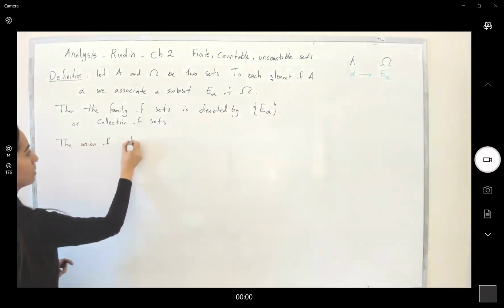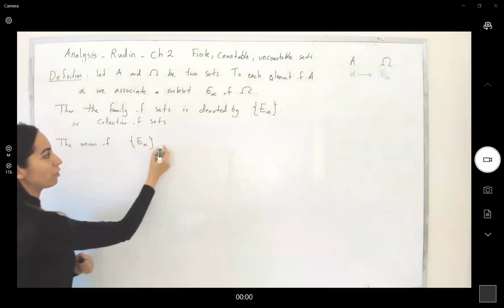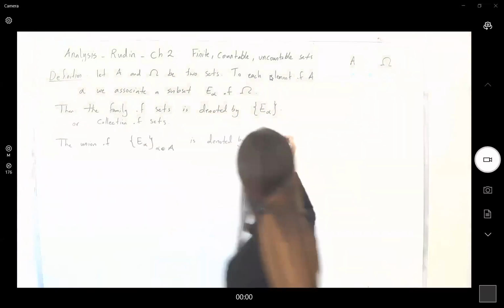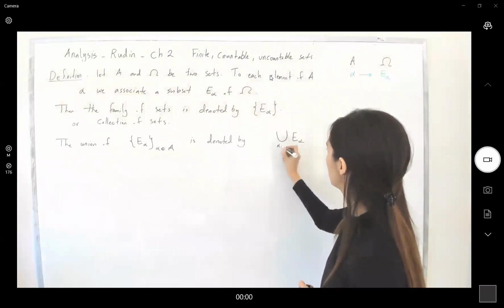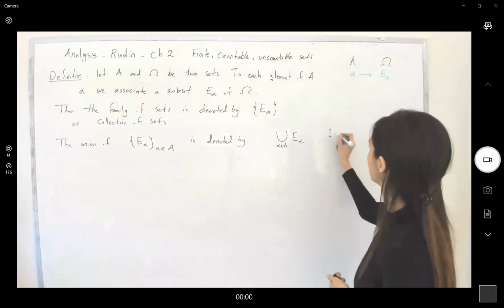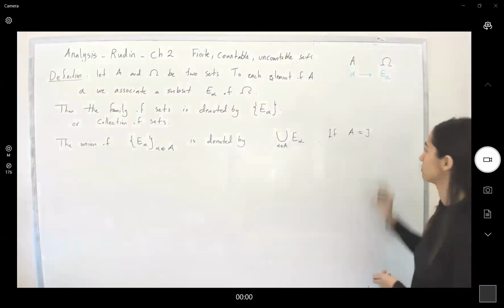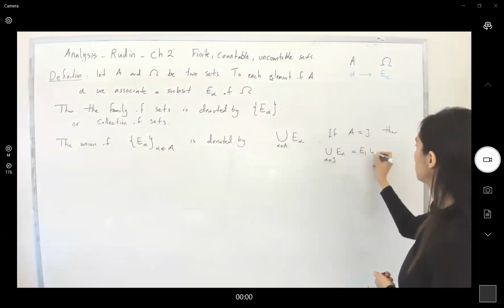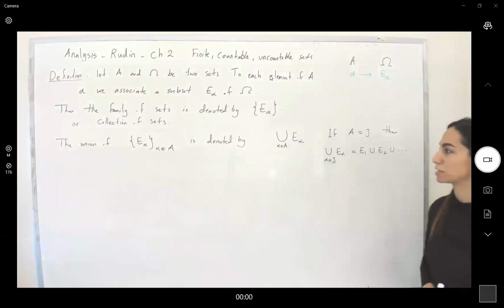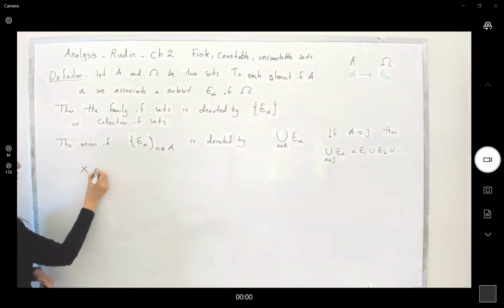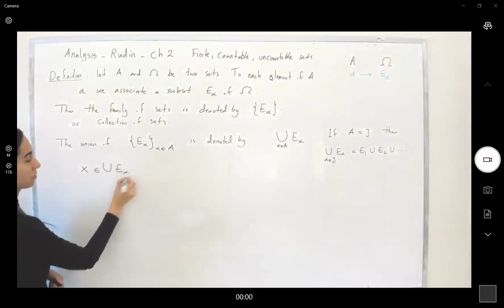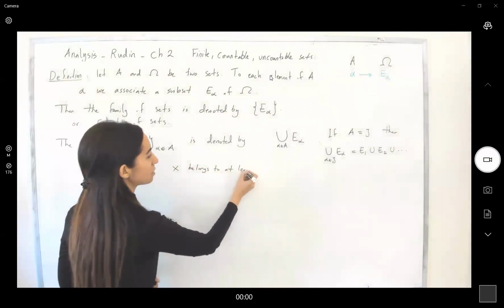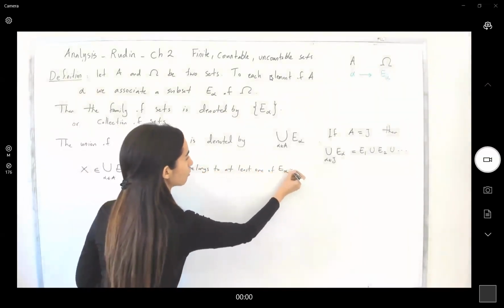The union of a collection of sets, E sub alpha, alpha belongs to A, is denoted by union E sub alpha, alpha belongs to A. Note that if A is equal to J, then this union can be written as E sub 1 union E sub 2 union the rest of the members. x is in this union if x belongs to at least one of the alphas.